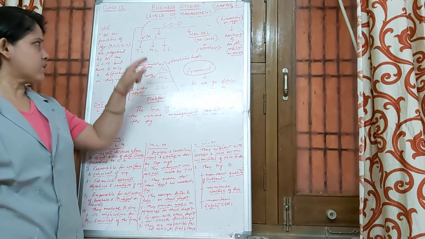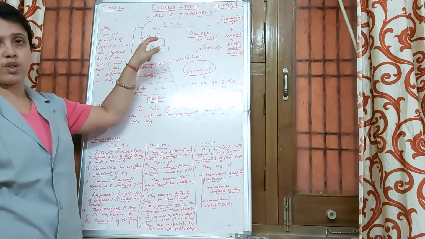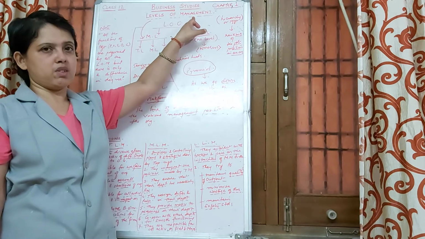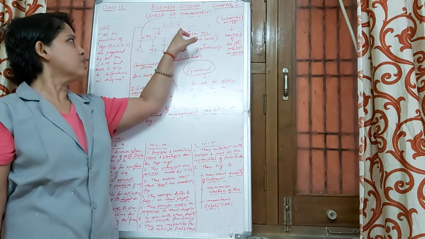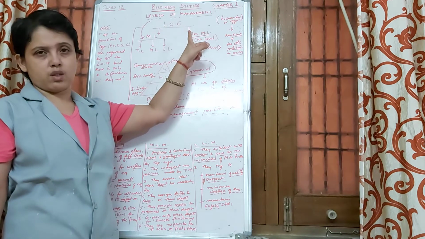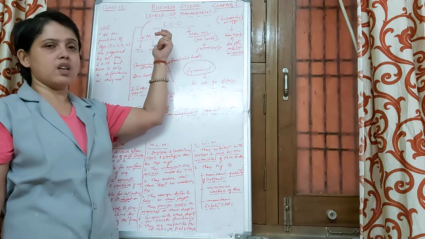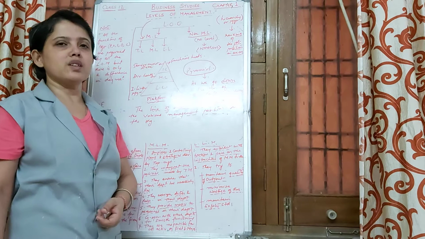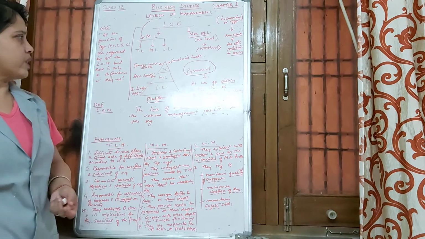In our textbooks, NCERT textbooks, the heading is levels of management, which is there in the syllabus. But for that, first of all, we have to understand the two levels of the organization. One is managerial, why it is called managerial level, and the other is called non-managerial level. That also I have tried to explain.